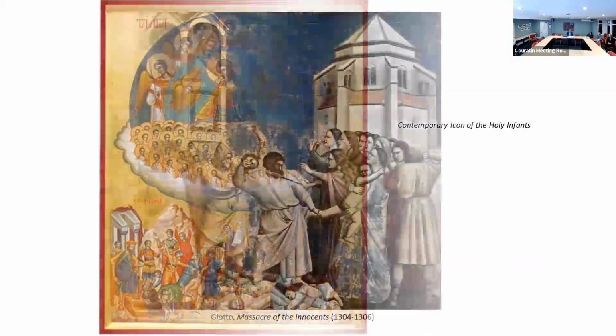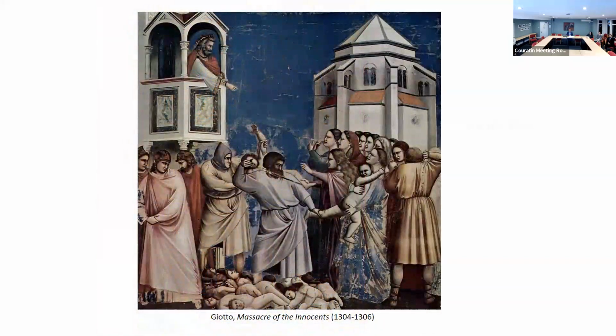Well, back to Giotto's massacre of the innocents. On the left, as we've noted in the background, is Herod, but there's also a building, an octagonal building on the right. No prizes for guessing what kind of building that is.